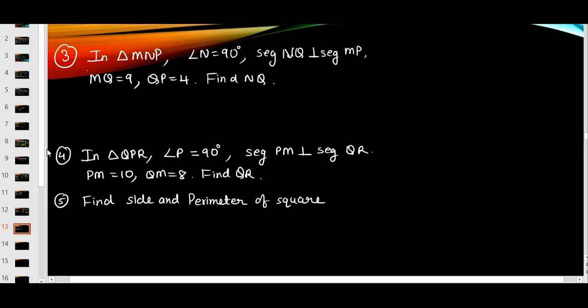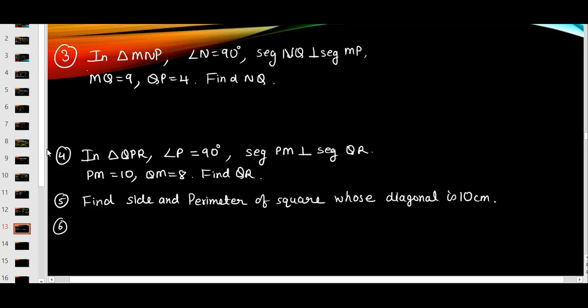Perimeter means you have to add all the sides of the square, and you know all the sides of the square are same. Whose diagonal is 10 cm. Diagonal length is given to us, and based on this hint, you have to find out what is the side of the square. And once you get the side, it is easy to find out the perimeter. Okay, try this question, it is an aptitude type of question.